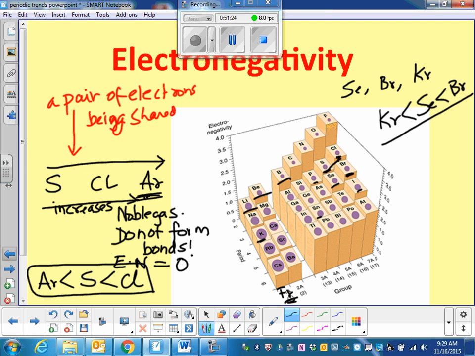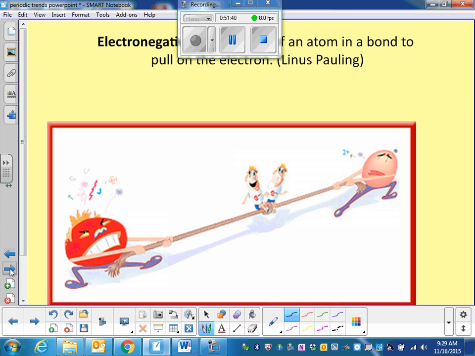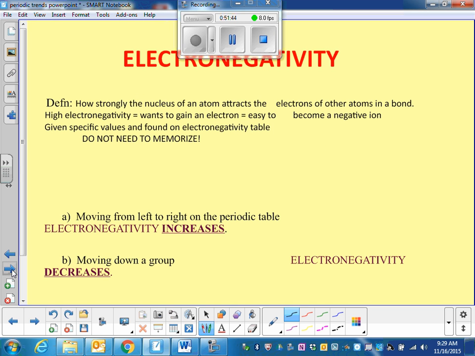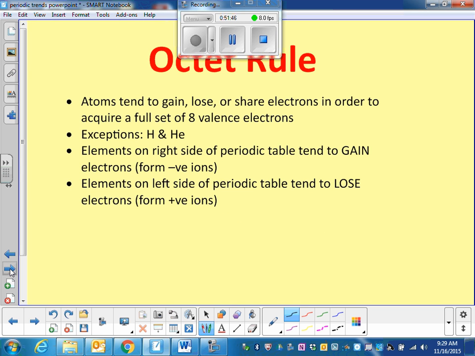So we studied three patterns. We studied size, we studied ionization energy, and we studied electronegativity, which is in a bond. Do we understand this? The next things we need to know are shielding effect and octet rule.